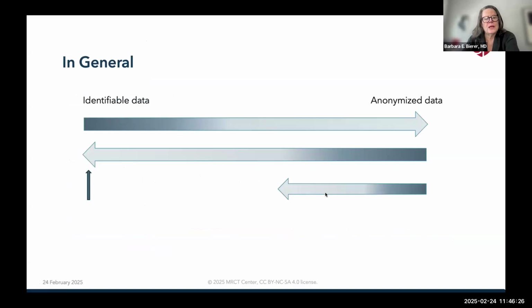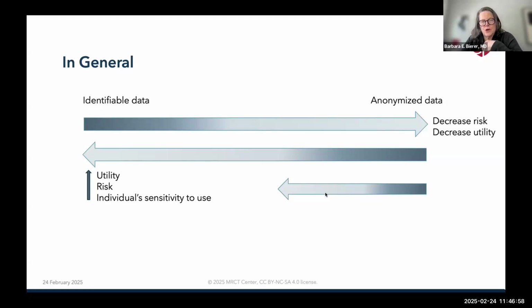So there's an axis from identifiable data to anonymized data. With anonymized data, you really decrease the risk of that data, but you also decrease the utility of that data. And when you have identifiable data, it's much more useful and the risk is greater, and the individual's sensitivity to its use is much more personally fraught.